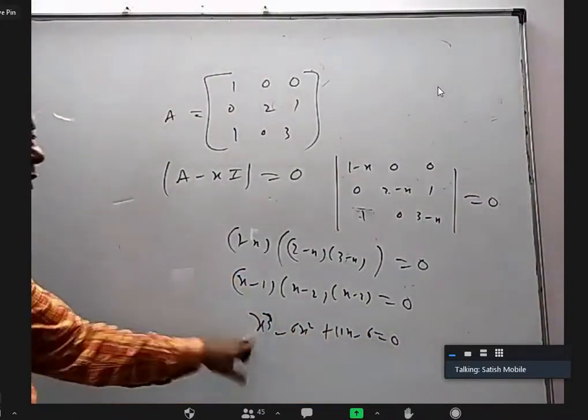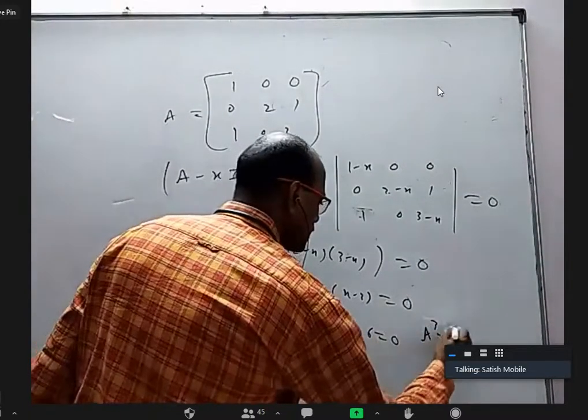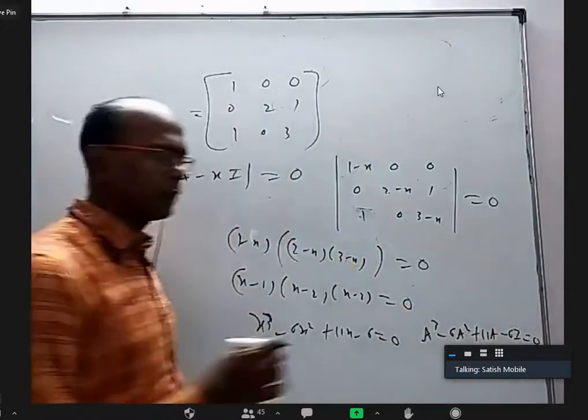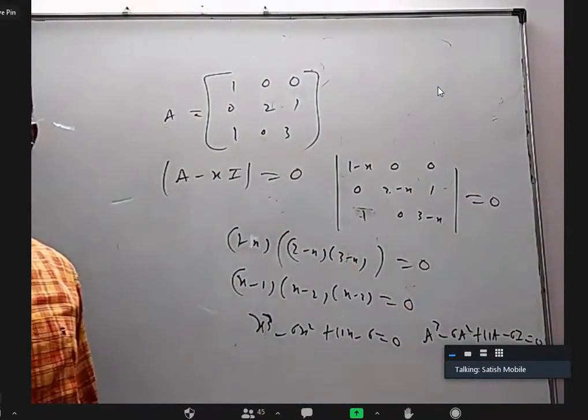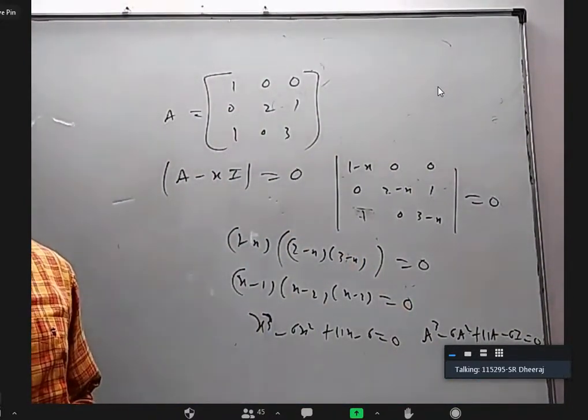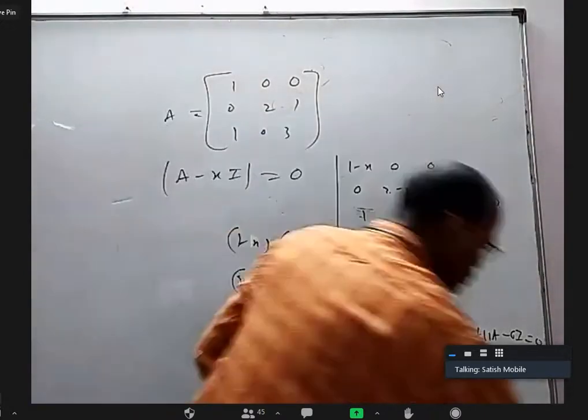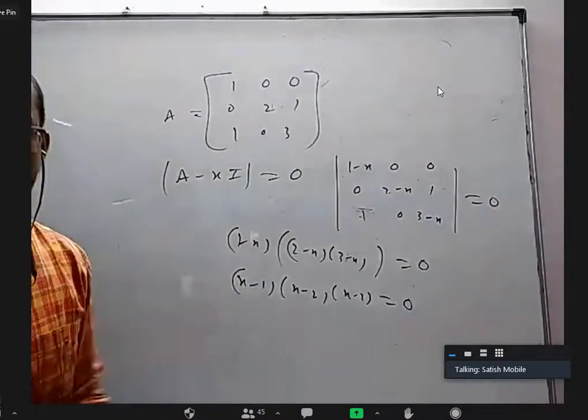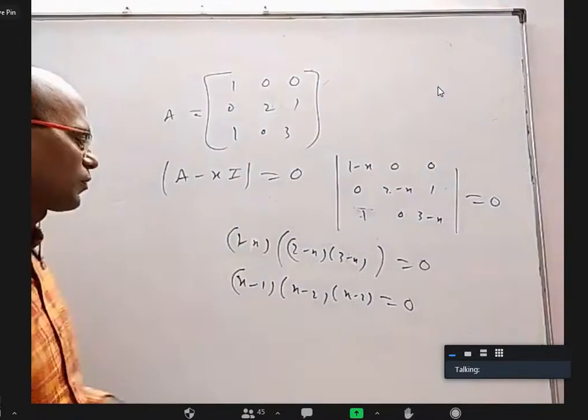Then, as I said, you can substitute matrix A here and say A cube minus 6A square plus 11A minus 6I equals the null matrix. You remember that? Yes, sir. So instead of substituting after expanding, I will substitute before expanding.